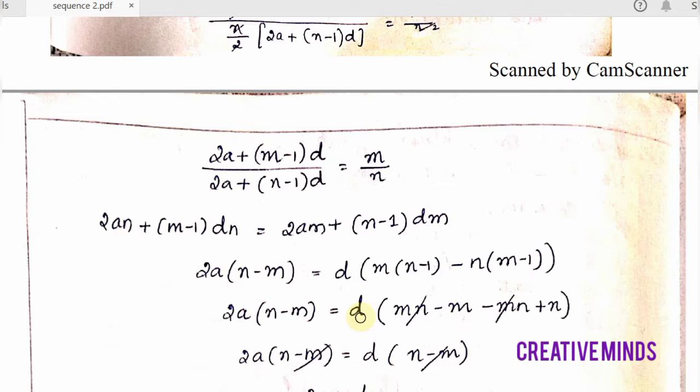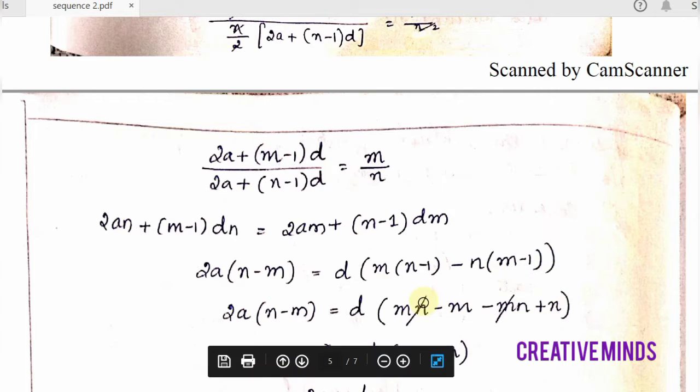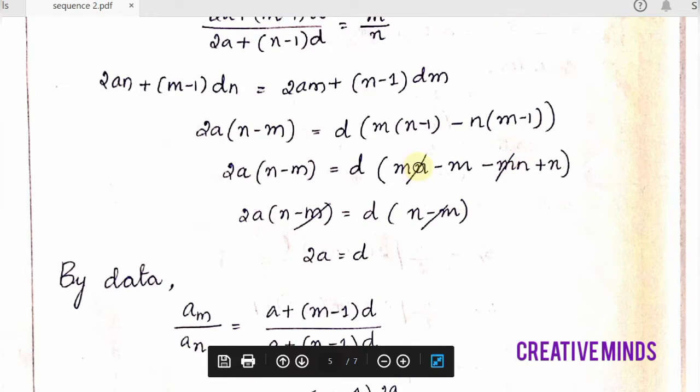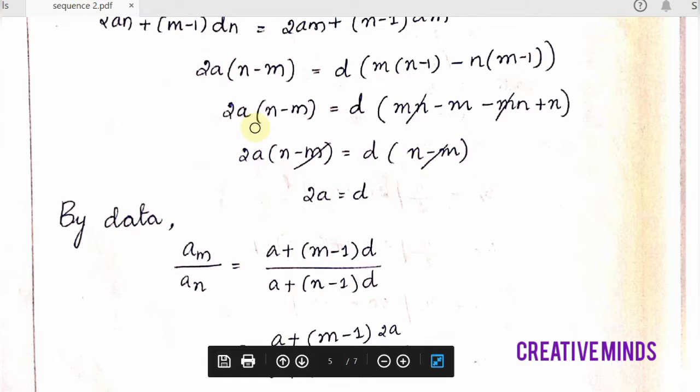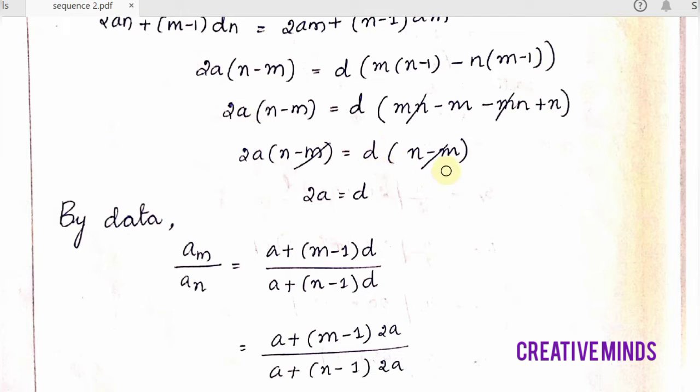So that is equal to d into mn minus m minus mn plus n. So minus mn plus mn cancel. Then the remaining thing is d into n minus m.